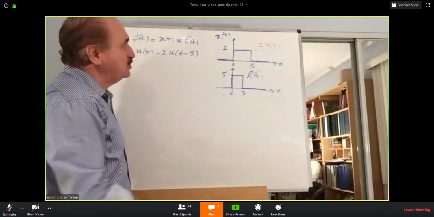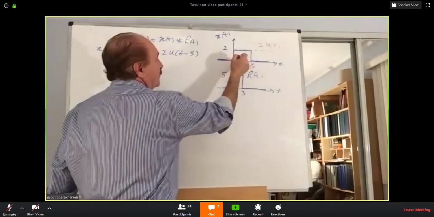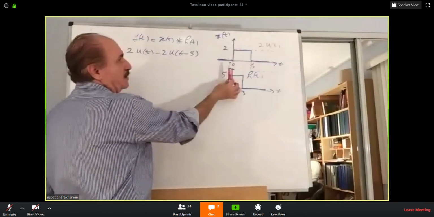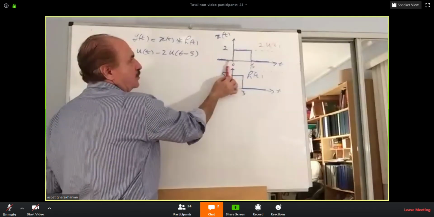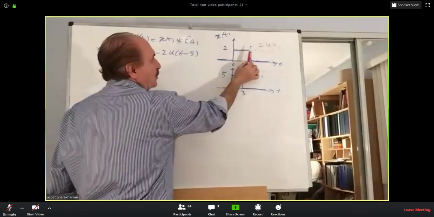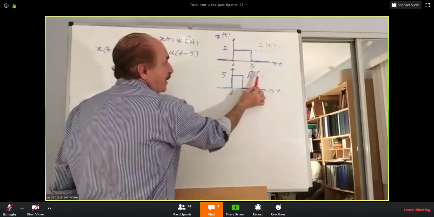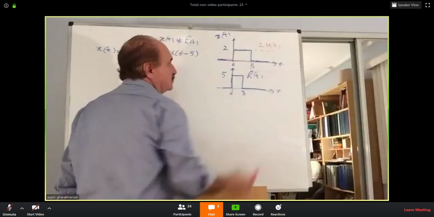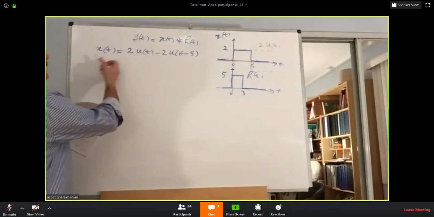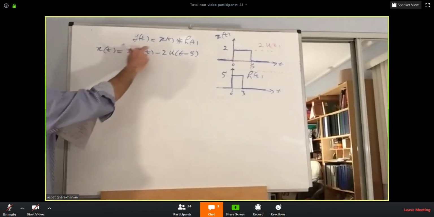If you combine these two functions, what is the output? 0 plus 0 is 0, 0 plus 2 is 2, and then 2 plus minus 2 is 0. So automatically you can create that mathematical statement for x of t.